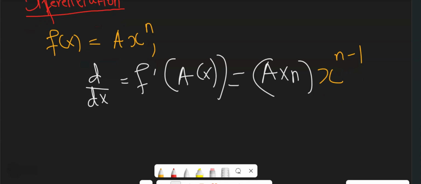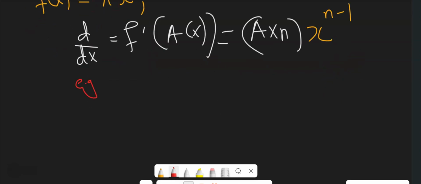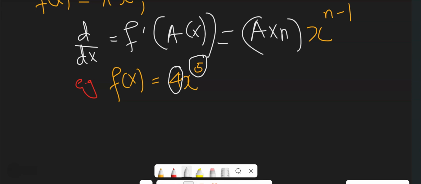If you're given a function, for example f of x is given by 4x power 5, in this case this is our n, this is our a. For f prime, the first derivative, this will be given by 4 times 5, then x power 5 minus 1.